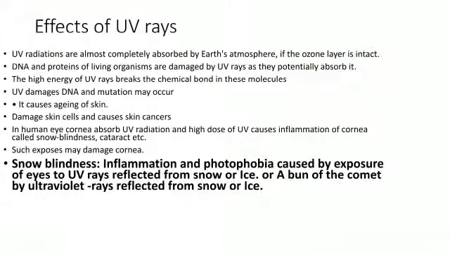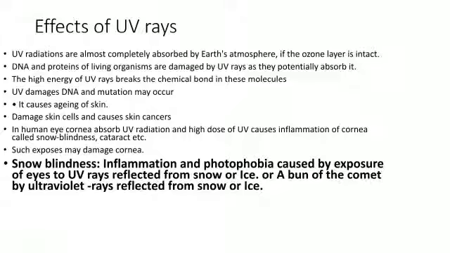Okay, now what are the effects of the UV rays? Now once the ozone layer is completely depleted, then what is the effect from the UV rays? As we already know, the UV rays cause damage to the skin, then damage to the eyes. You can see the damage to your DNA, then proteins and all those things.